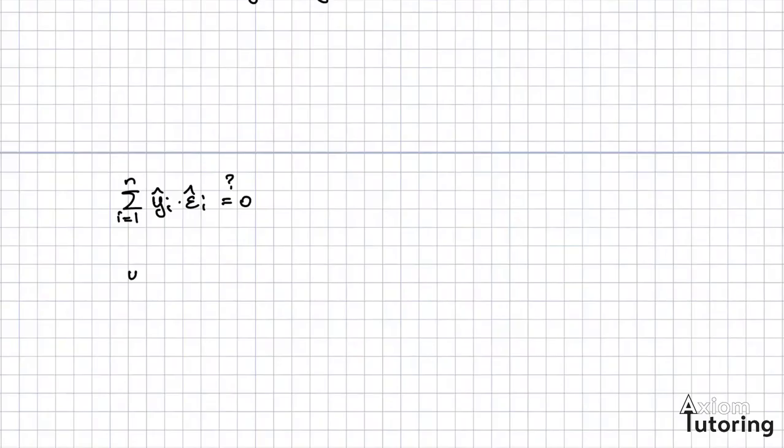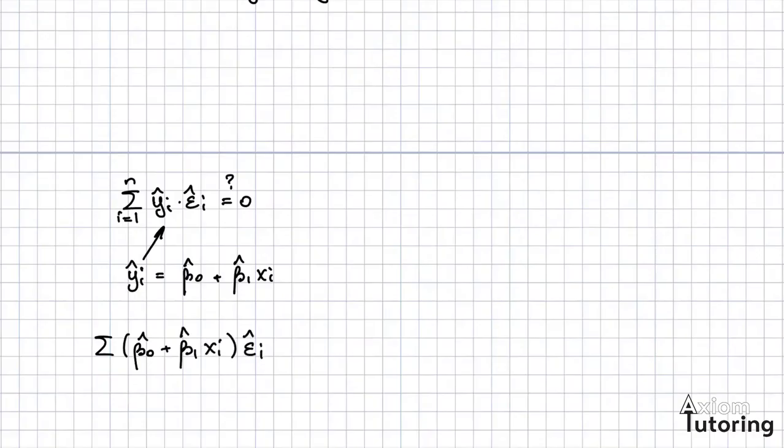Remember, we know that yi hat is equal to beta null hat plus beta 1 hat xi from our fitted value expression. So if we substitute this into the original mechanical property expression, we get the sum of beta null hat plus beta 1 hat xi, times the residual.